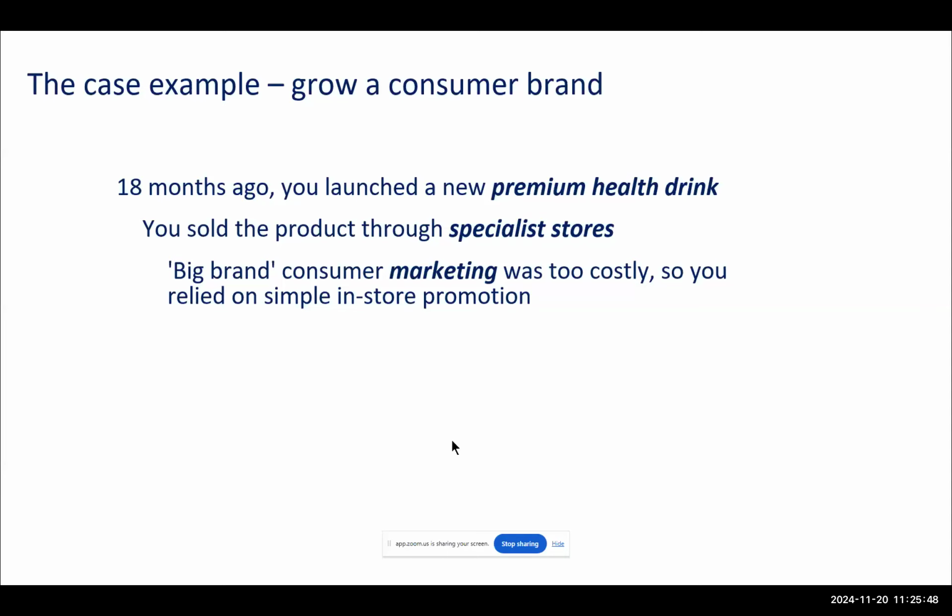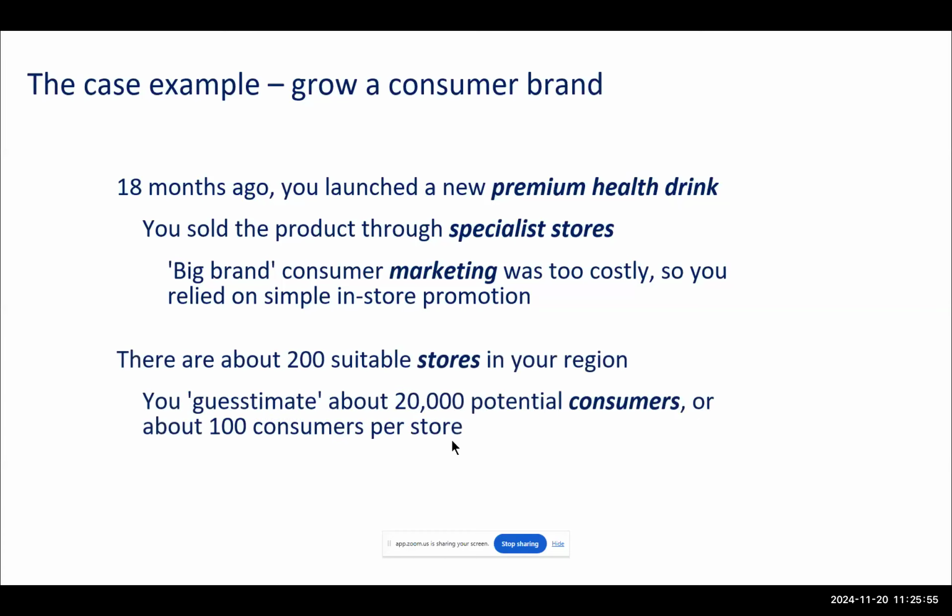That's the kind of thing that you've been spending your marketing money on. Now, you are kind of geographically limited. There's a limit to how broadly you can distribute your stuff. You're not going to be selling it across multiple continents. And in the region you feel you can reach, you reckon that there are about 200 of these stores that you could reach.